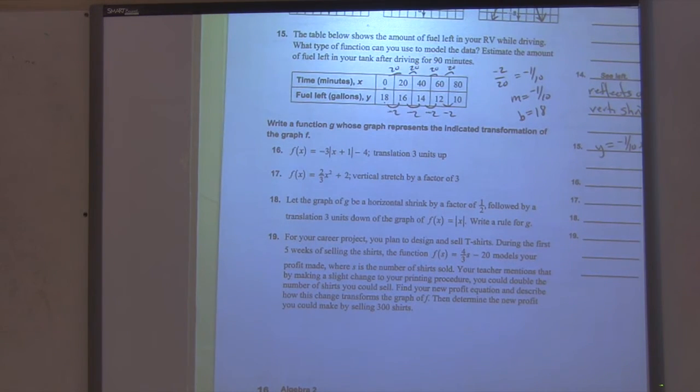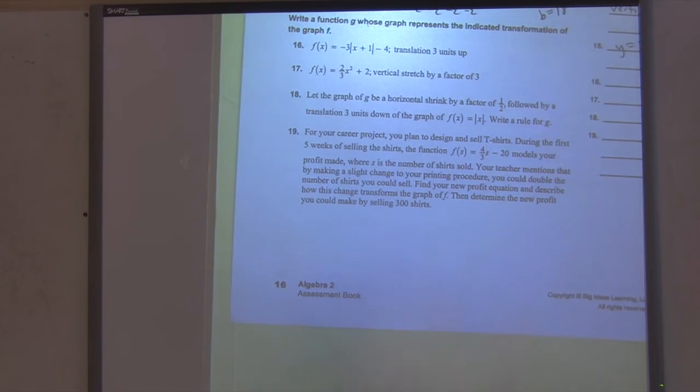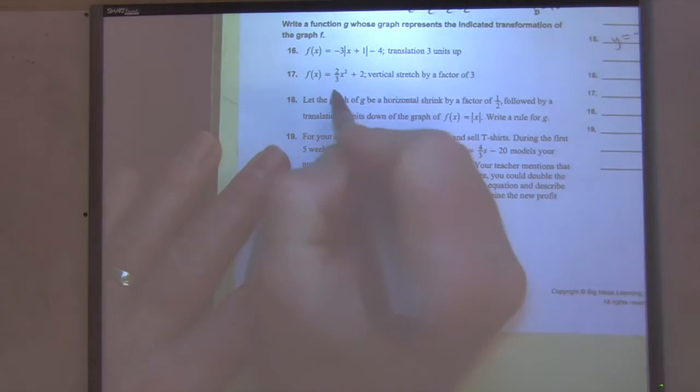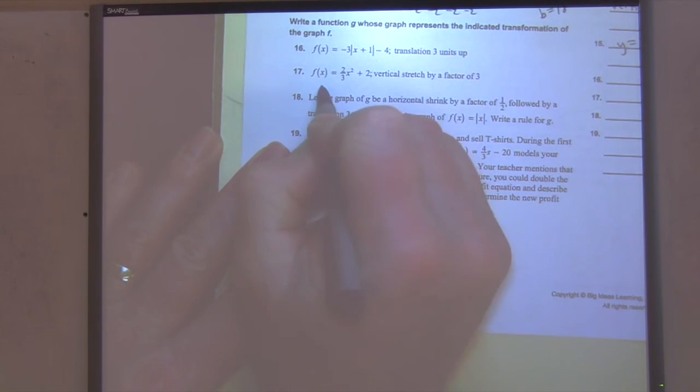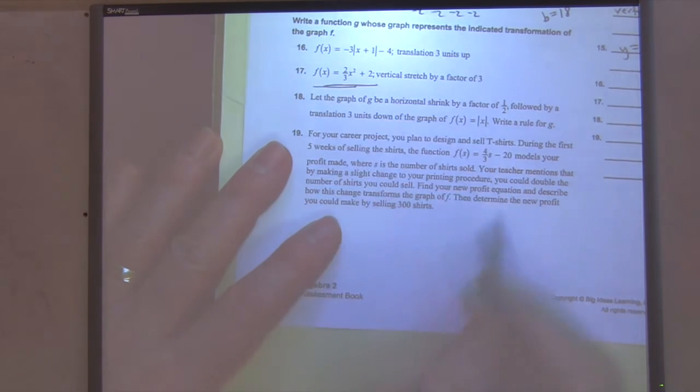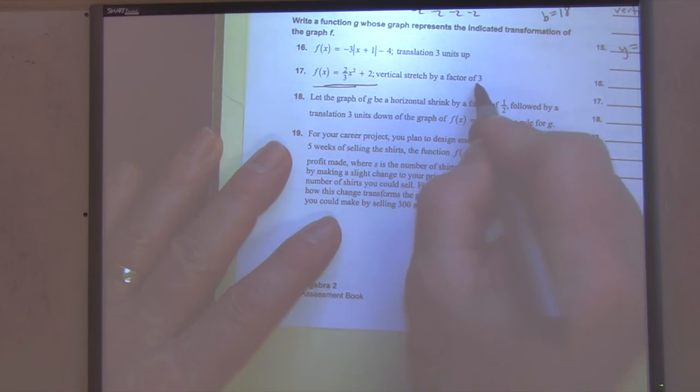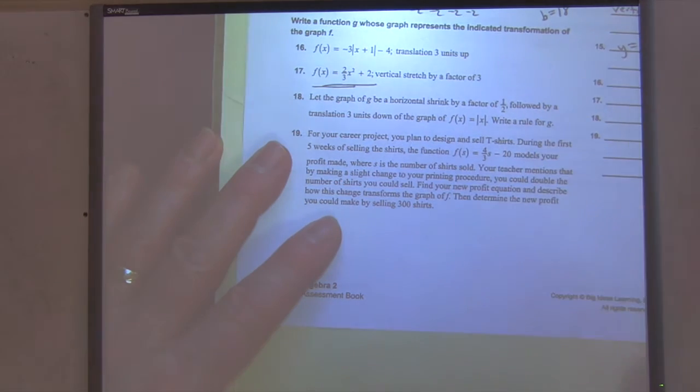Then we get into transformations again on these last 4. So it says, write a function g that represents the indicated transformation of the graph of f. So I'm going to take 17. This is our function we have to start with. And it asks us to do a vertical stretch of 3. Well, we know that vertical affects the whole thing.